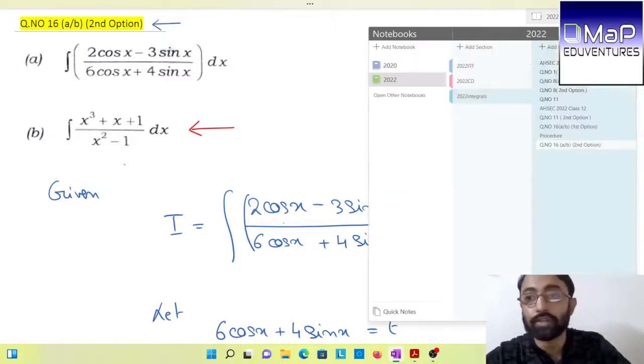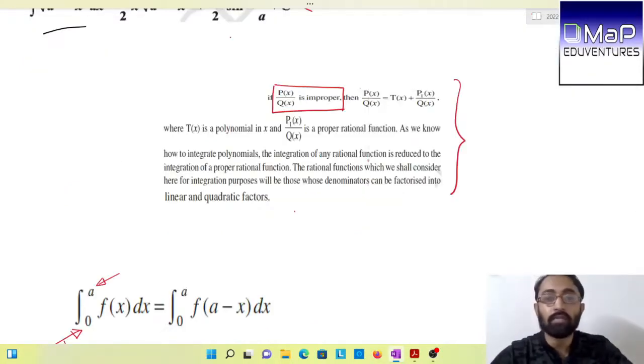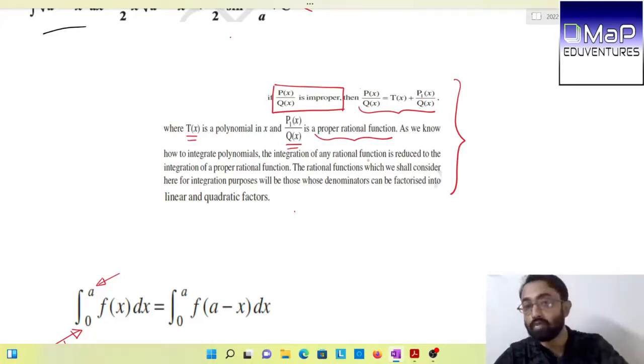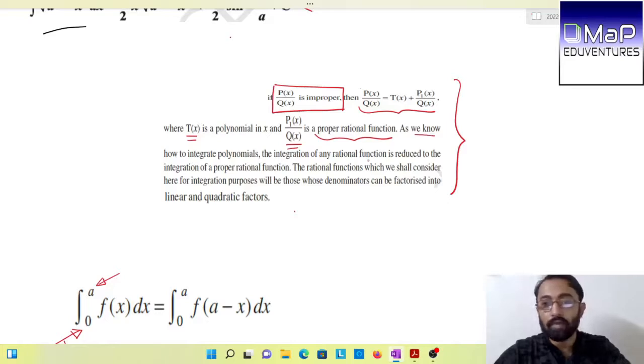Improper rational fraction. Okay. So then what do we do? Then we have to divide that expression and convert it into this form, where the first part is a polynomial and the second part is a proper rational function. So from improper we have to go to proper, okay, by dividing. Then we know how to integrate a polynomial.